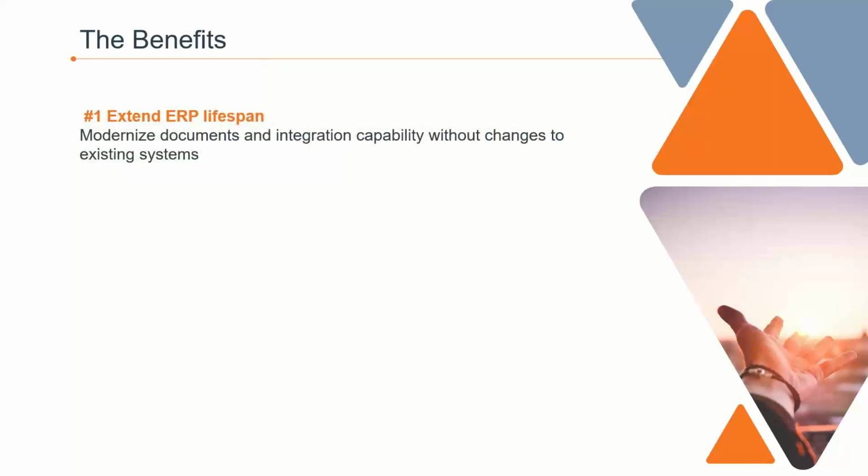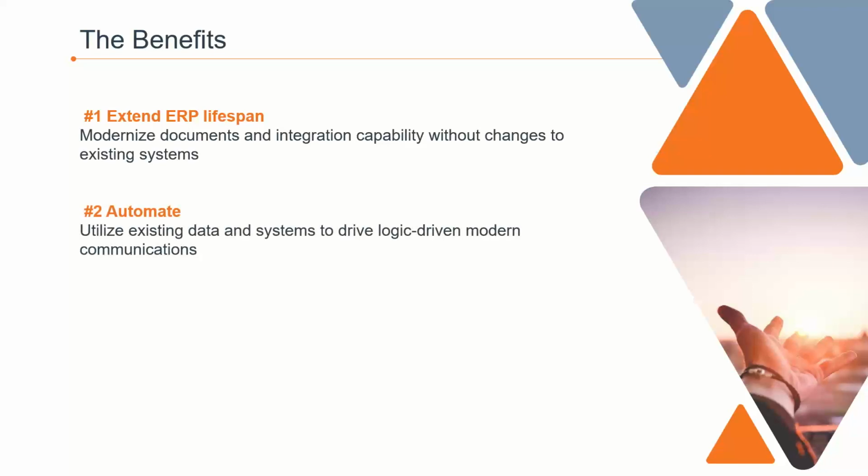Excellent. So moving on, the benefits of all this automation with no change to your systems in place, there are four main ones. The first one is you can extend your ERP lifespan. You can modernize documents and the integration capability without any changes to your existing systems. You can also automate, so you can utilize your existing data and all your configurations and systems to drive logic-driven modern communications.